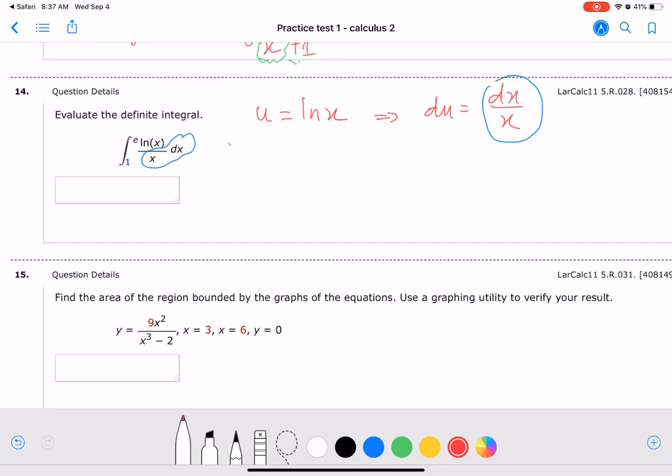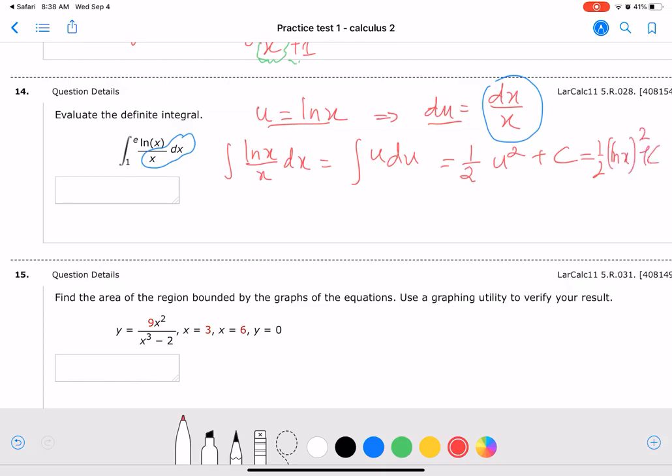So I write, ln of x dx is equal to, since ln of x is equal to u, I write u in here. Dx over x is just du, so I have u du. And that is very simple, which is 1/2 u squared plus c, right? Or I write 1/2 ln of x squared plus c.